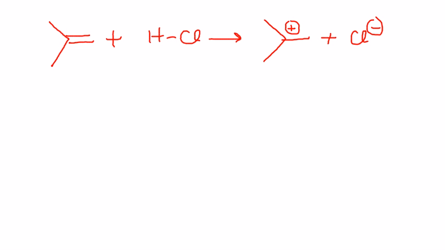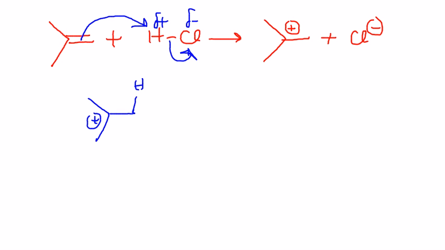Recall from your Organic 1 class that the source of electrons is going to hit the slightly positive hydrogen, and Cl is going to leave, and that will give you a hydrogen with a positive charge. That's your tertiary carbocation. The other option is that you could get a primary carbocation, and hopefully you can see that the tertiary is more stable.